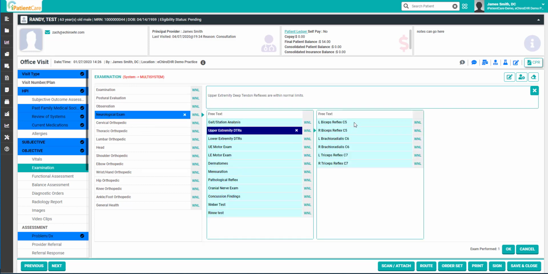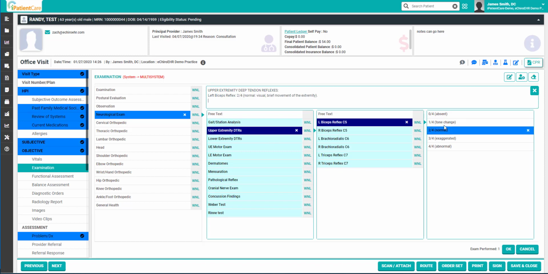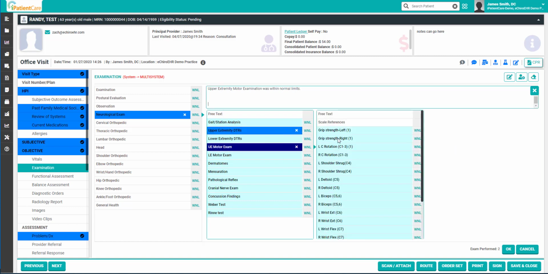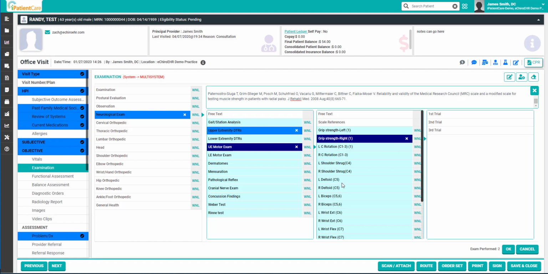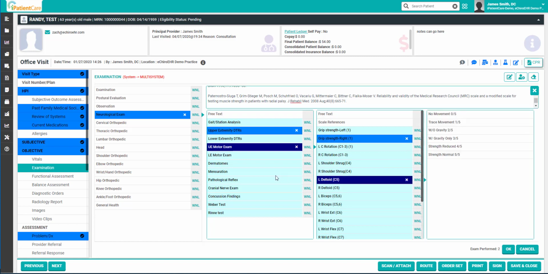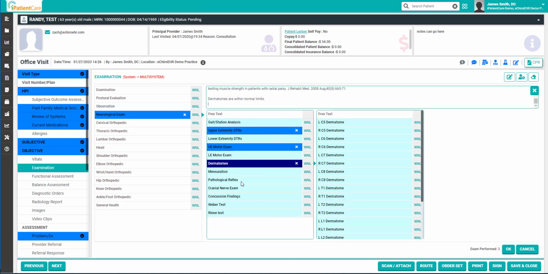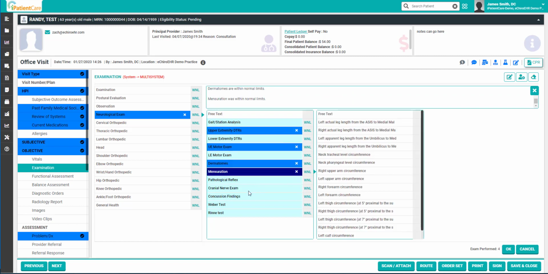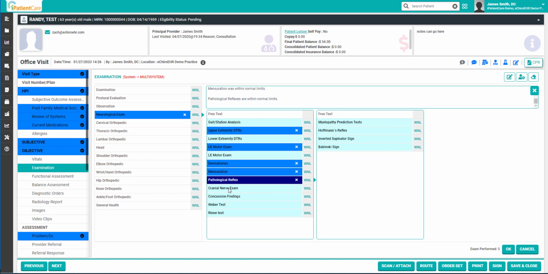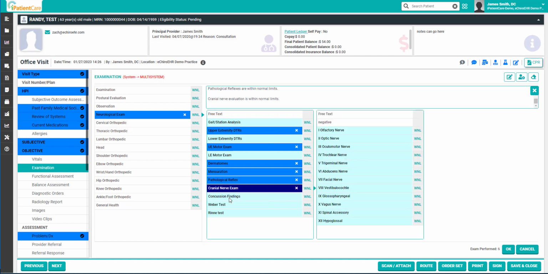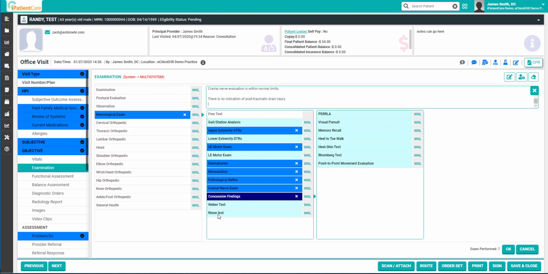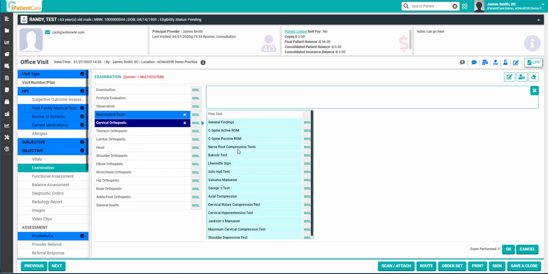Let's say, for instance, the deep tendon reflexes, and being able to document what level they are measured at. Same with the motor exam. What level would they be measured at on a motor 0 to 5 scale? Dermatomes, mensuration, pathological reflexes, cranial nerve exam, our concussion findings, and then, of course, Romberg or Rhomberg test. Orthopedic exam.